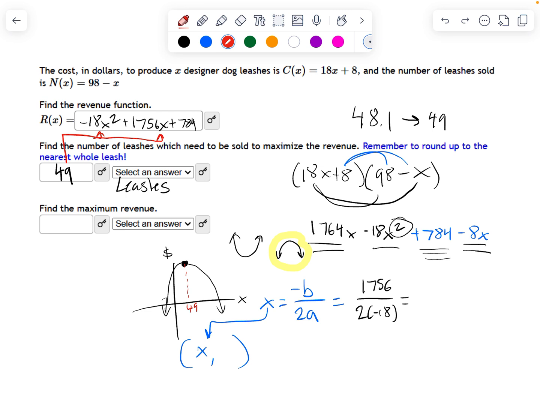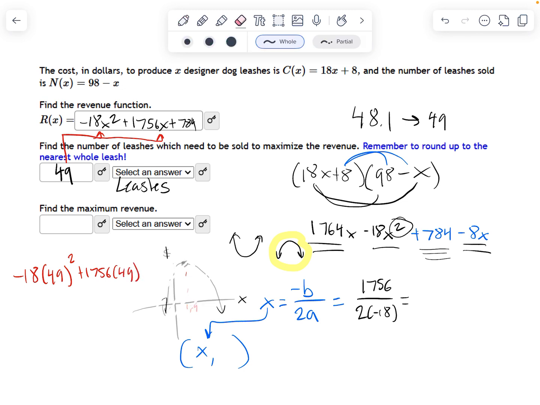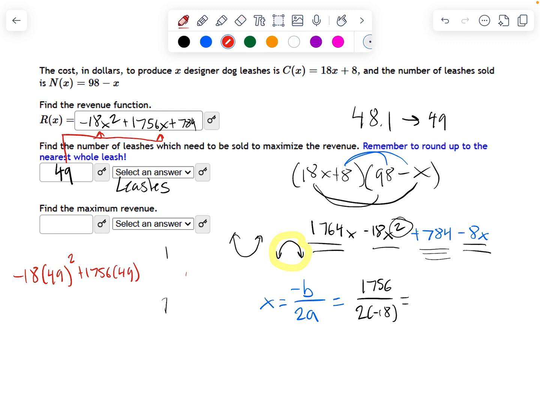All right. So negative 18 times 49 squared plus 1756 times 49 plus 784. That is your goal.